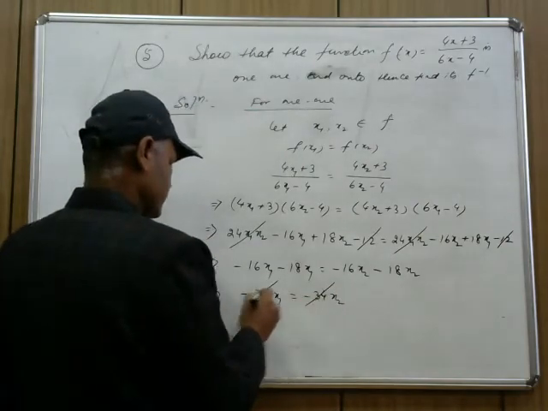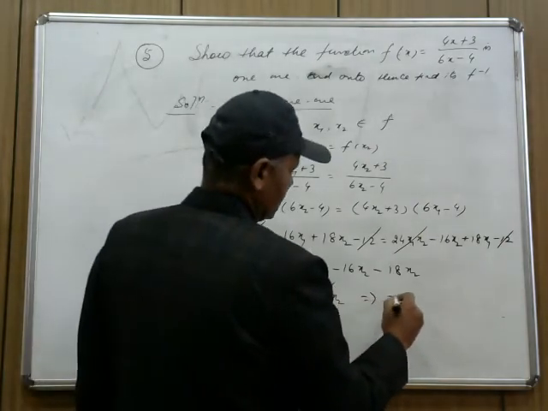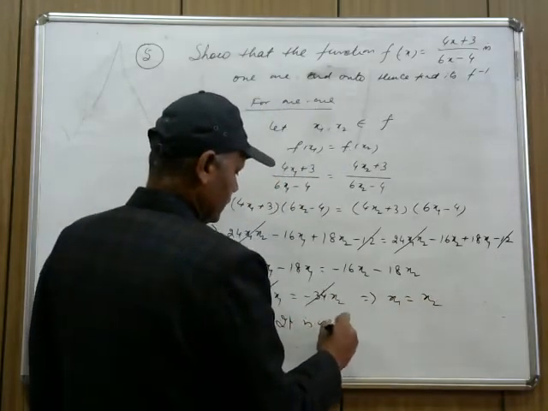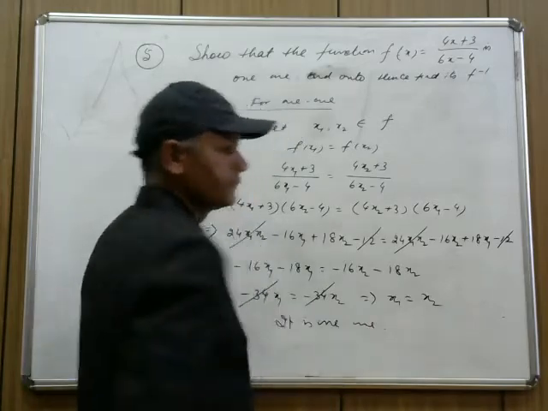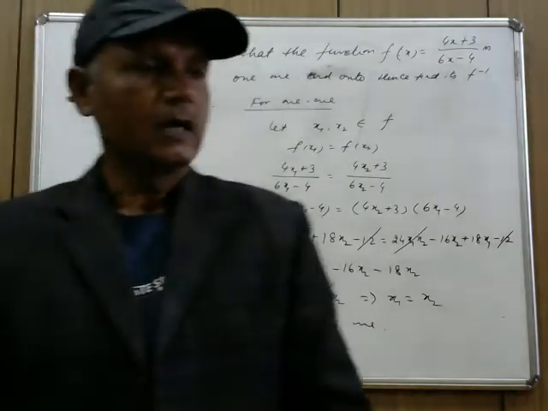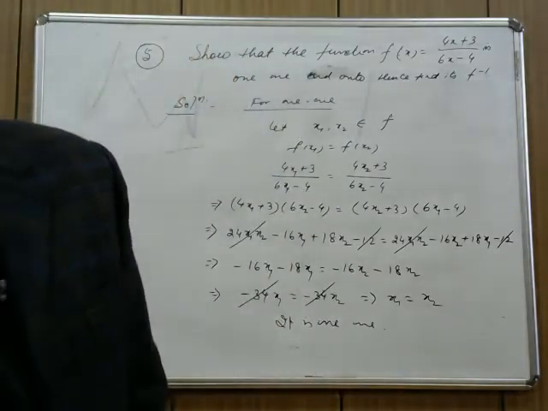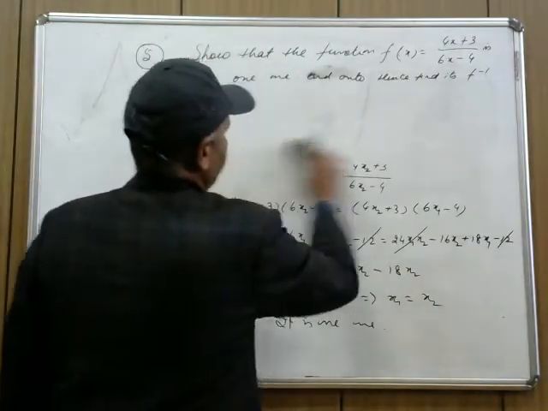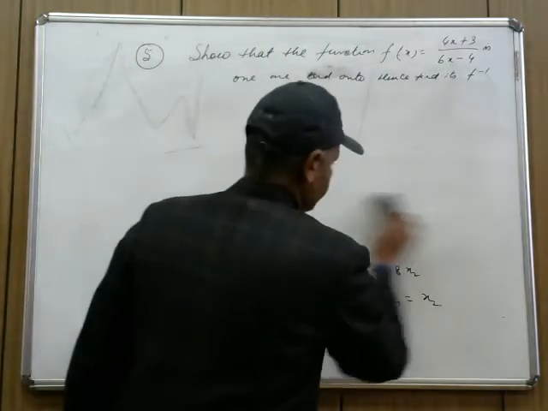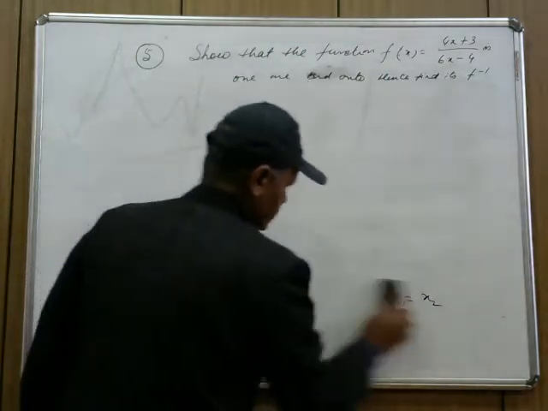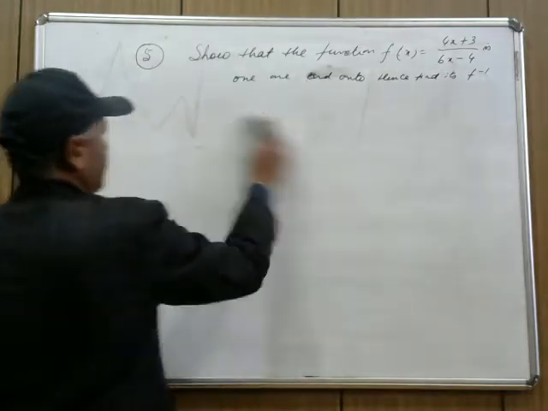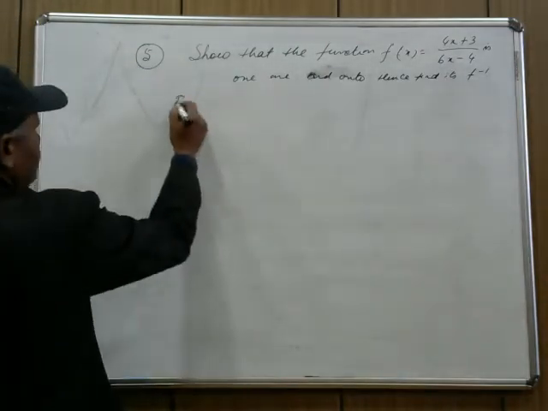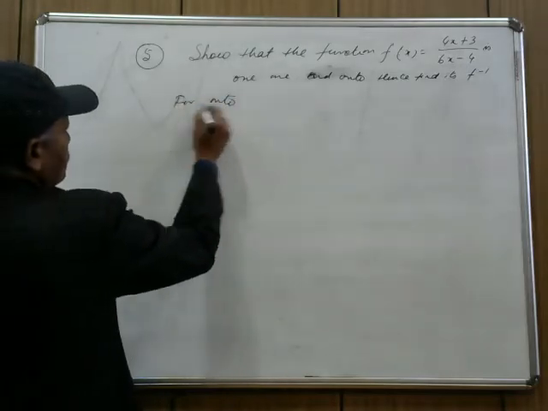Minus 34 is cancelled and it implies that x1 is equal to x2, and hence it is one-one. Right? Yes. Now we'll prove it is onto. Now the second part, for onto.